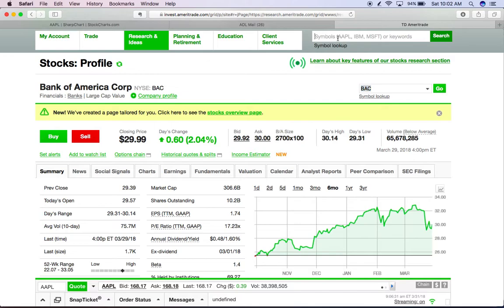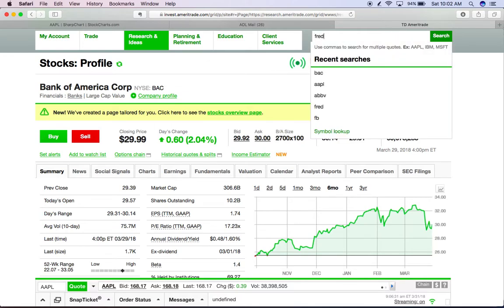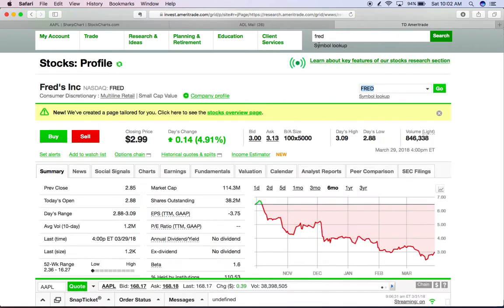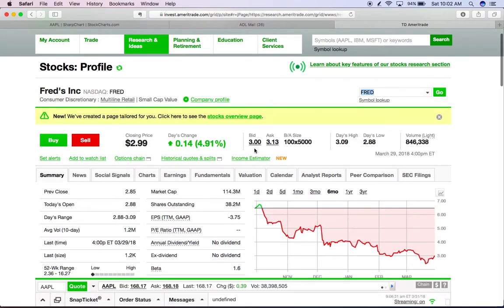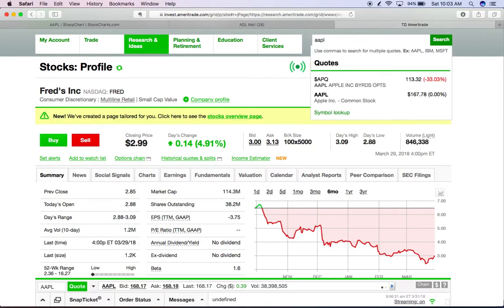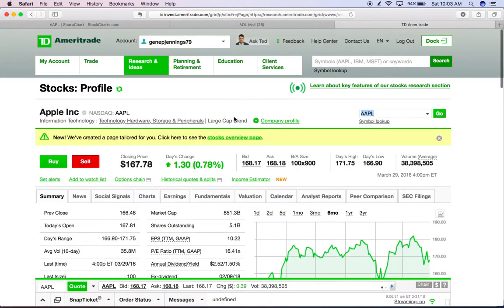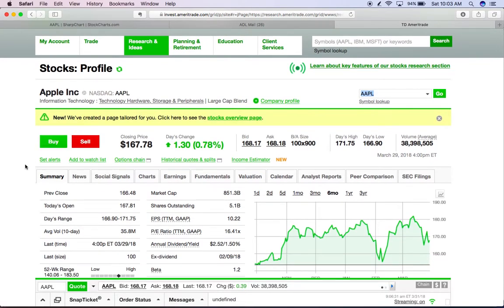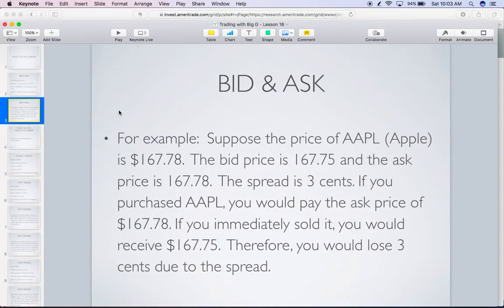If I were to go to Fred's, my favorite store, but not my favorite stock, you see the bid ask is 13 cents off. You'd pay $3.13. If you turn around and sold it, you'd only get $3. There's a 13-cent spread. So you need to understand the bid ask price before we get into how to place orders and all that good stuff. So that's the bid ask.